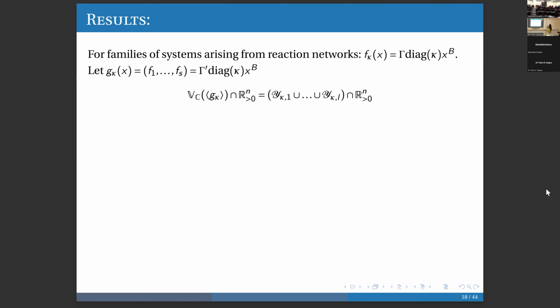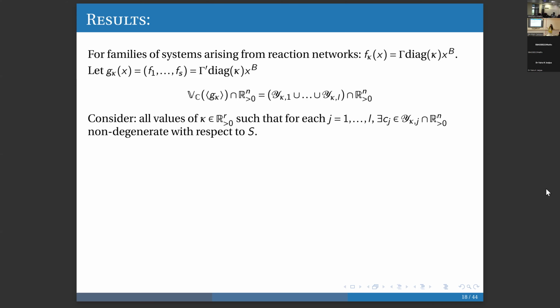So if I look at the family arising from a reaction network, and I have this system of polynomials, I take all the linearly independent ones, and I look at the irreducible components of the variety, which actually intersect the positive orthant, because those are the ones that I'm interested in. Theoretically, I could. And I consider all the values such that there is a non-degenerate point in each irreducible component.